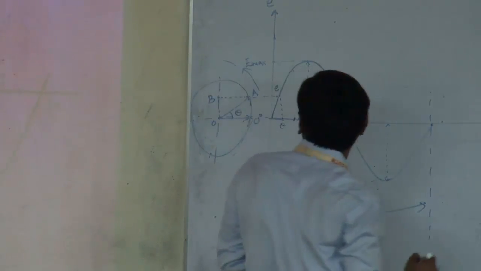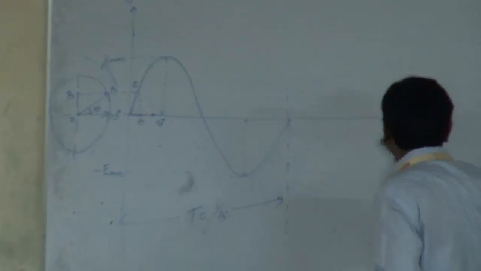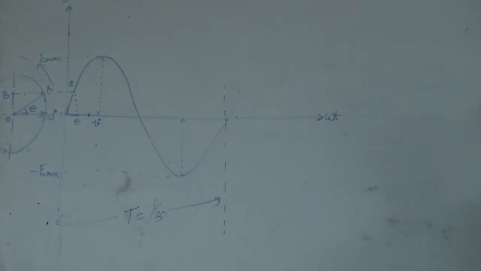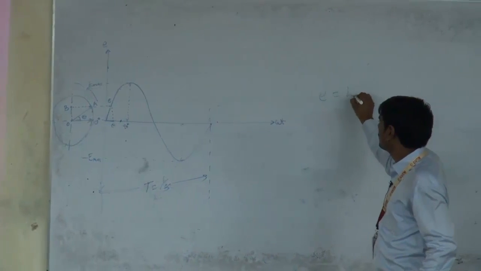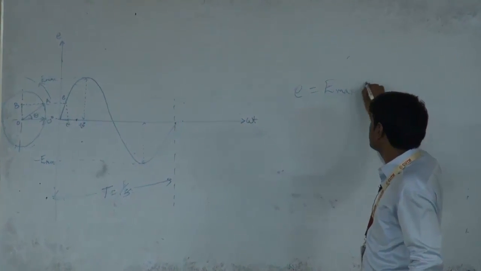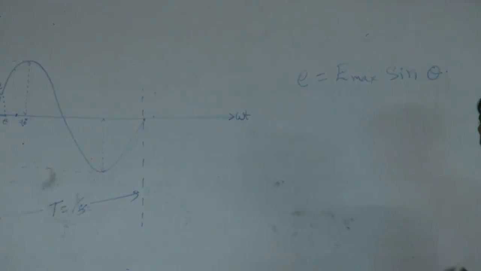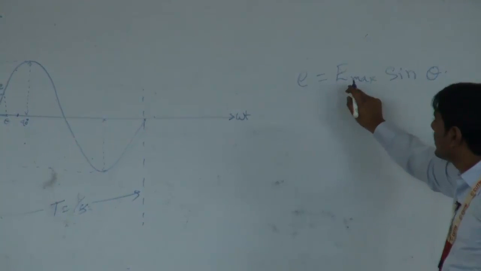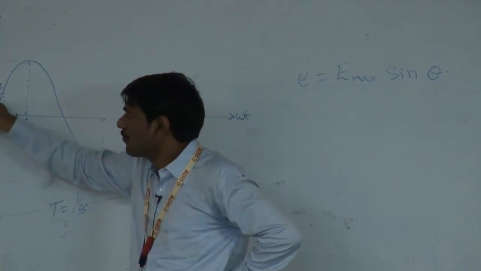So the formula for the instantaneous value is E equals E max sin omega t, or sin theta. Here E max is nothing but the magnitude of OA.